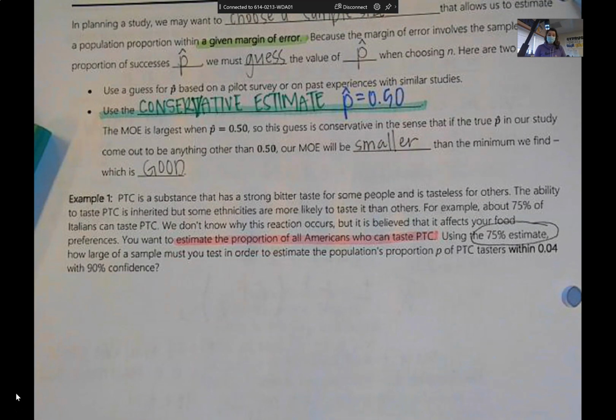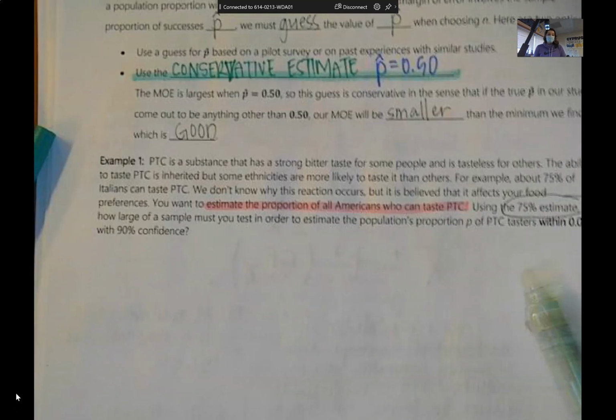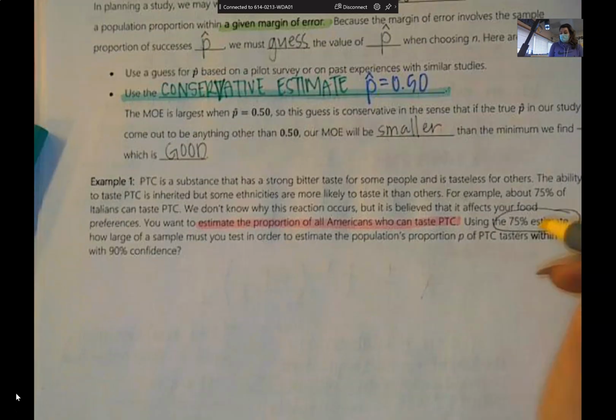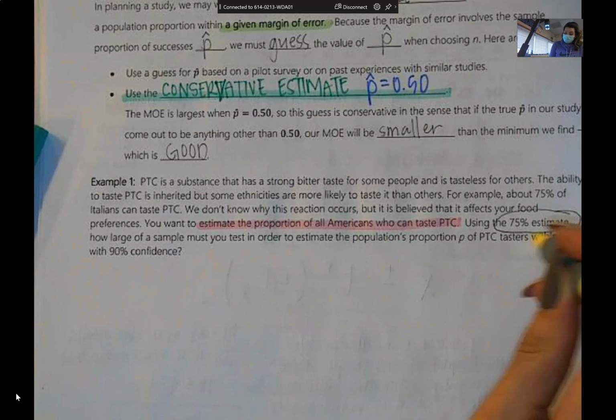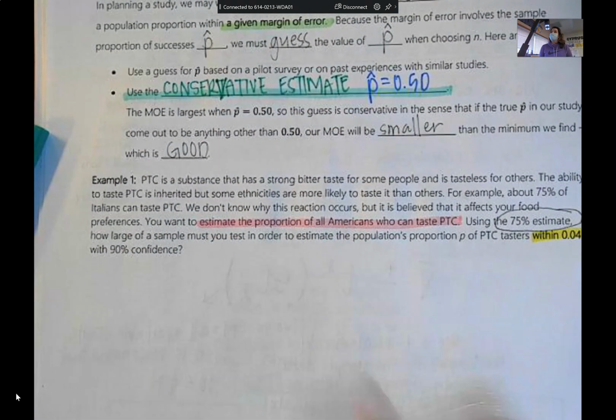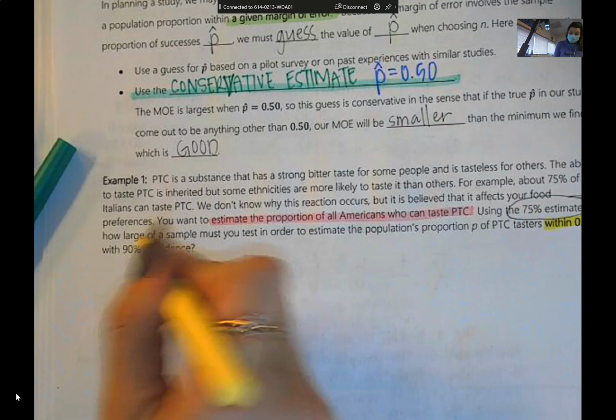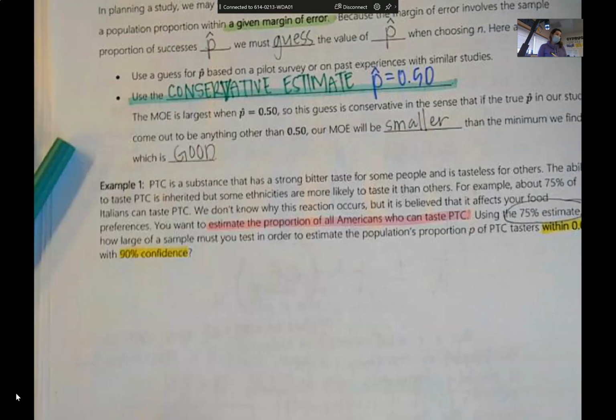We want to do this within 4% and have 90% confidence. So we want our margin of error to be within 4%, and we want to do this with 90% confidence.